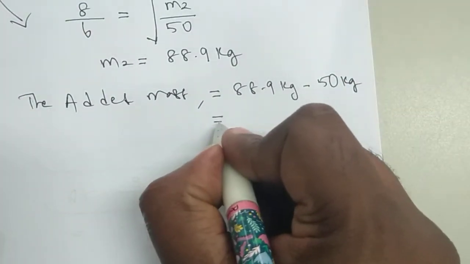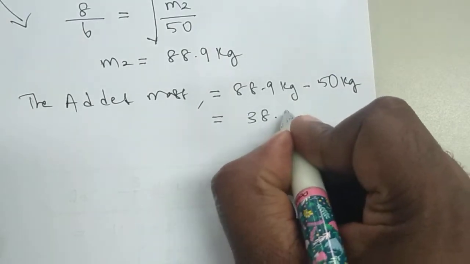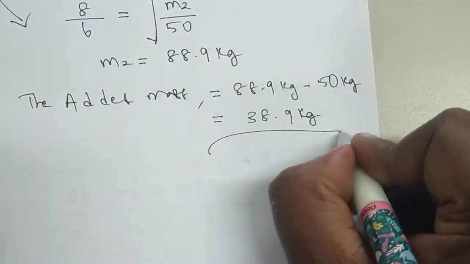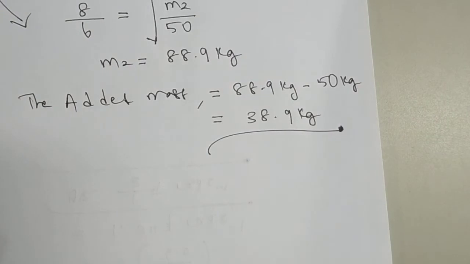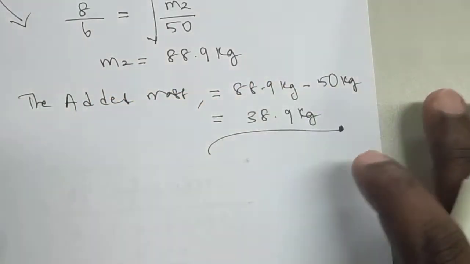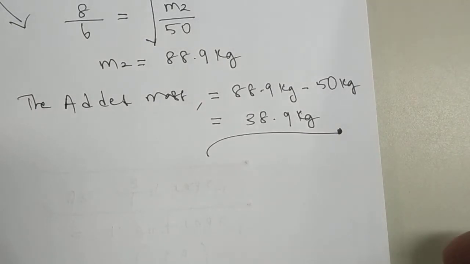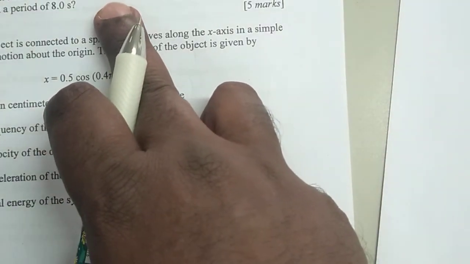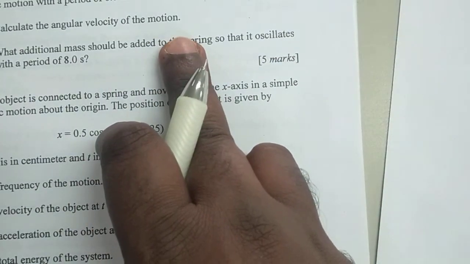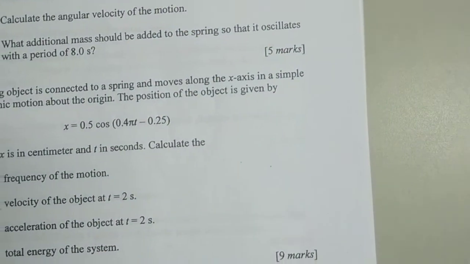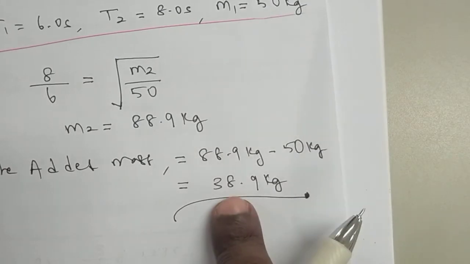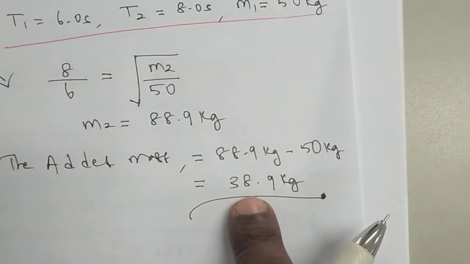So we get 38.9 kilogram. So we are able to get the added mass to the spring, which equals 38.9 kilogram.